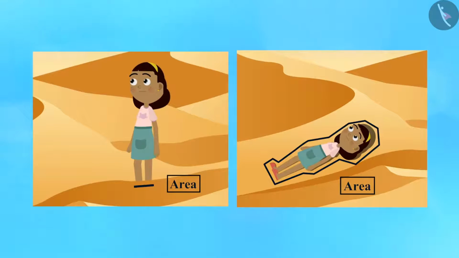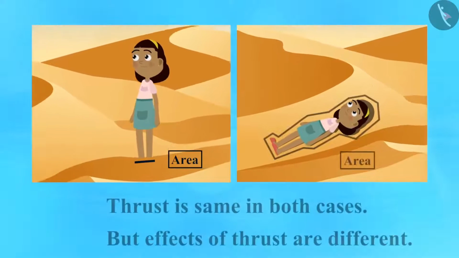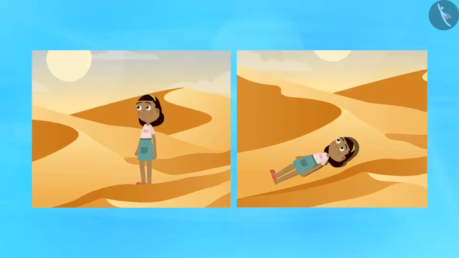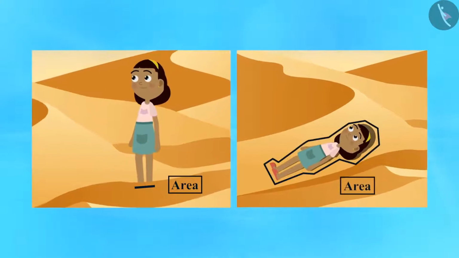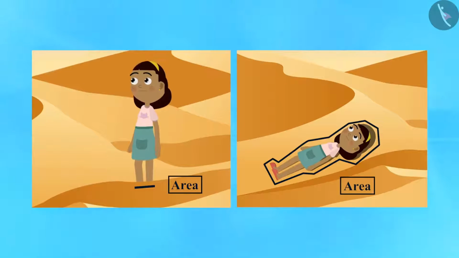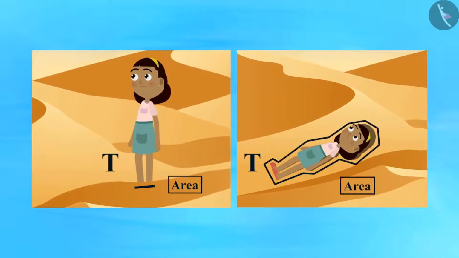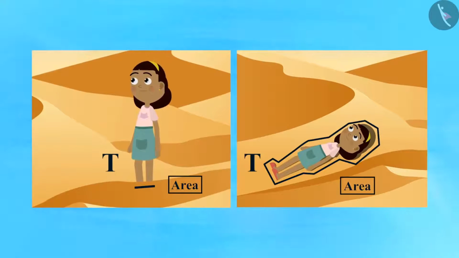Therefore, the effects of force of the same magnitude acting on different areas are different. Thrust is the same in both cases, but its effects are different. Thus, we can conclude that the effect of thrust relies on the area on which it acts. The effect of thrust is more when the area upon which it is acting is less.